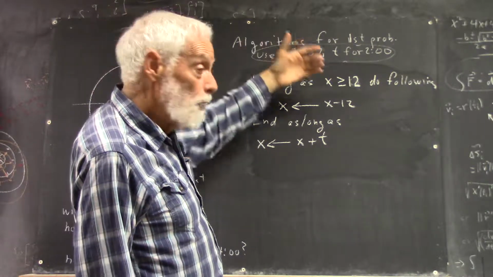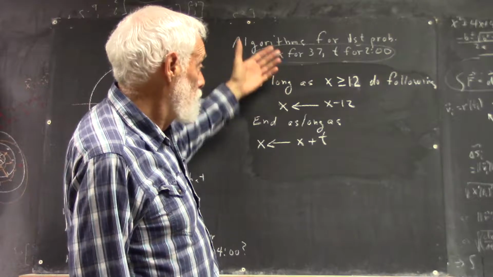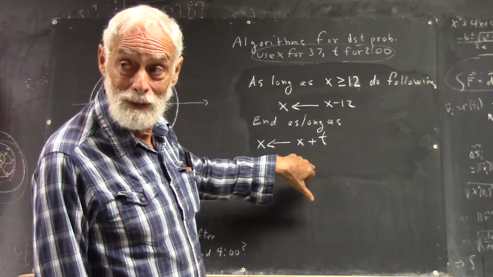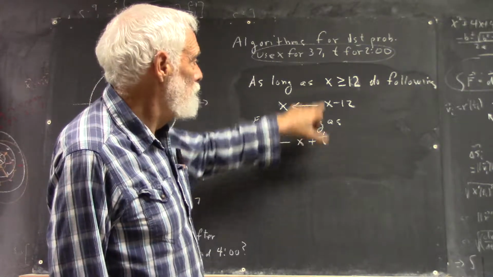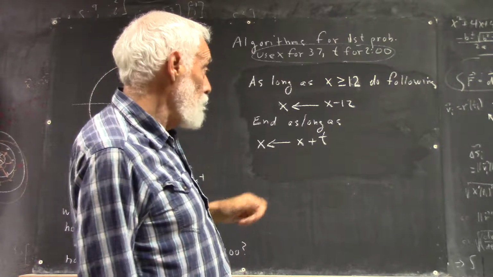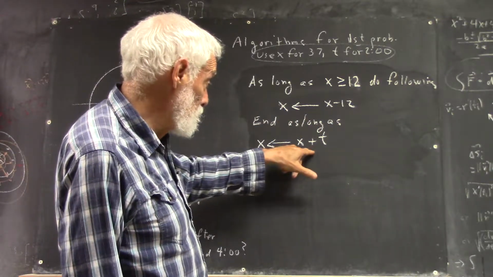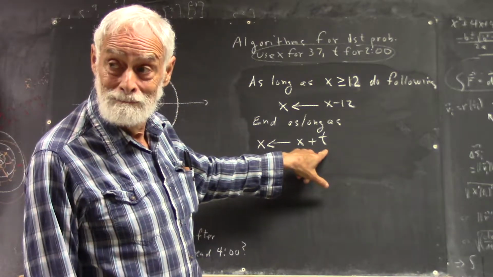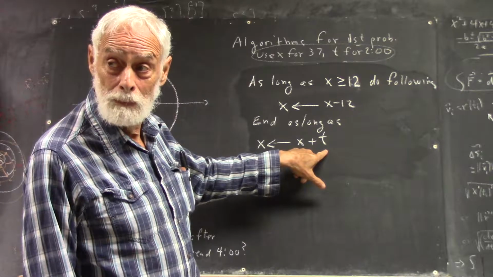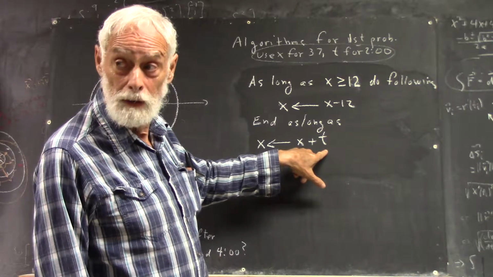Now, if x is 12, then you're going to keep subtracting until you get 0 here. So 0 is going to get added to this. And you're going to get a number here that has to be between 0 and 11. So you're going to add a number between 0 and 11 to a number between 1 and 12, right?